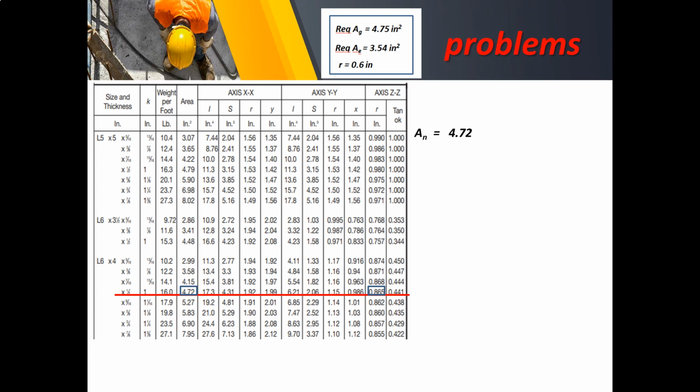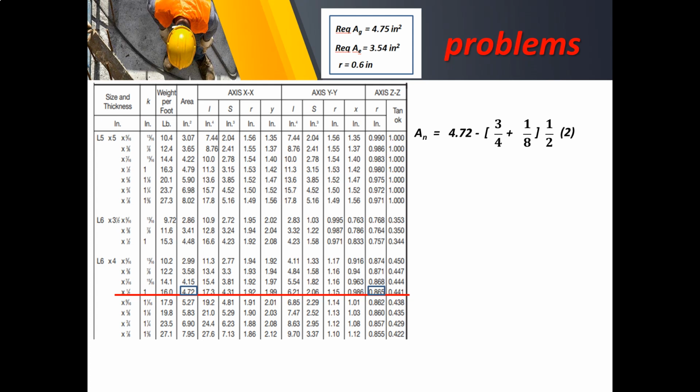The net area is equal to 4.72. Of course, we are going to deduct those holes, 3/4 plus 1/8. Again, this 1/8 is always added to our diameter. And the thickness is 1/2. By the way, what we have selected here is the section L6 by 4 by 1/2, so the thickness is 1/2.